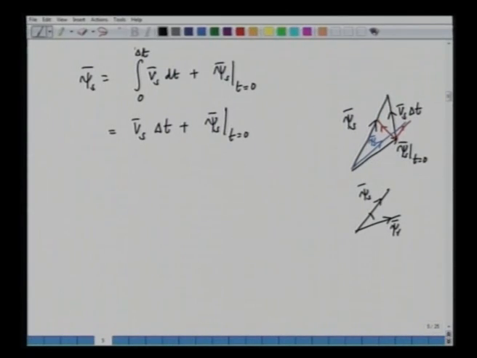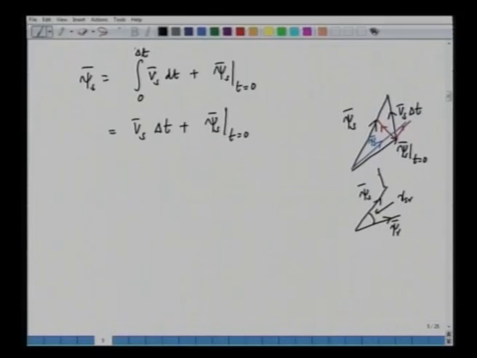So, we can increase or decrease this angle gamma SR, depending upon how we control the stator flux. This angle is gamma SR. If you want to increase this gamma SR, you have to apply a voltage vector so that the angle is increased further.